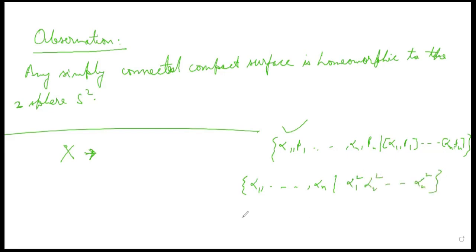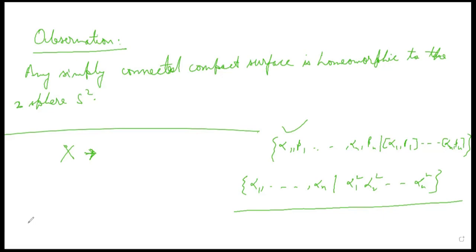This is how the fundamental group of n projective planes can be presented with the help of generators and relations. Because X is simply connected, it cannot be homeomorphic to a connected sum of n projective planes. Also, it cannot be homeomorphic to a connected sum of n tori. Hence, it has to be homeomorphic to the sphere. That is the only surface remaining.